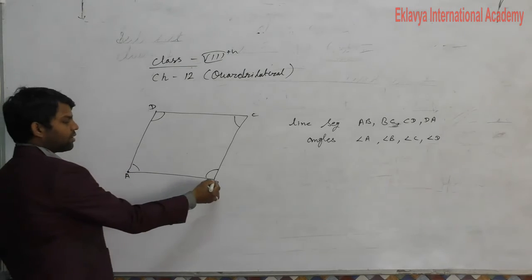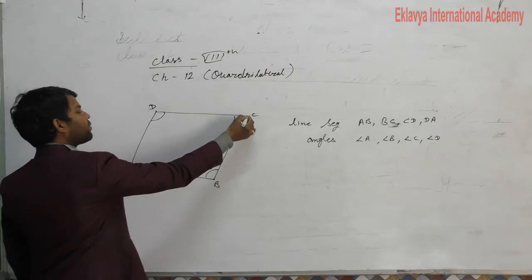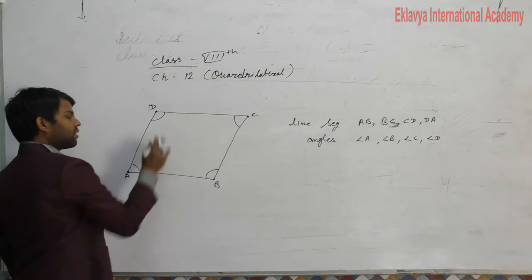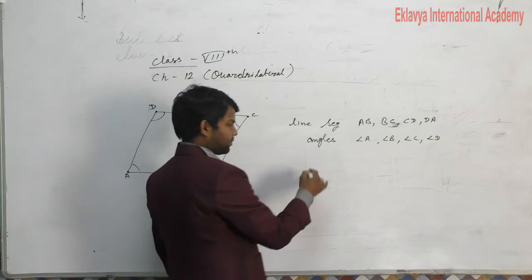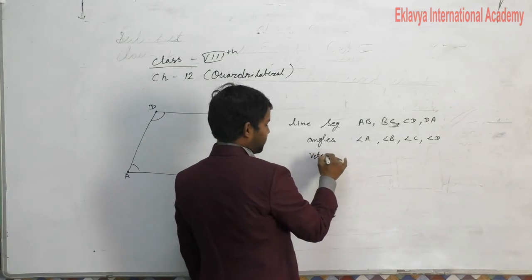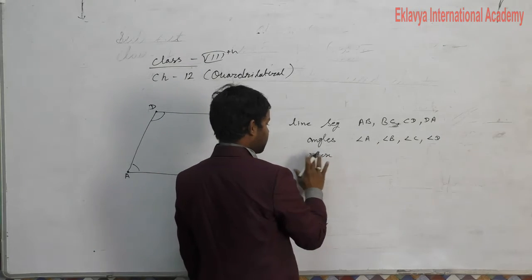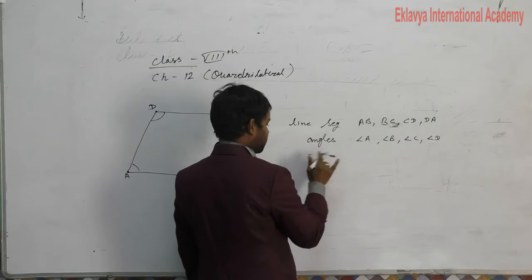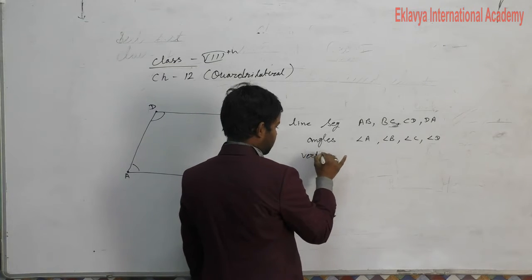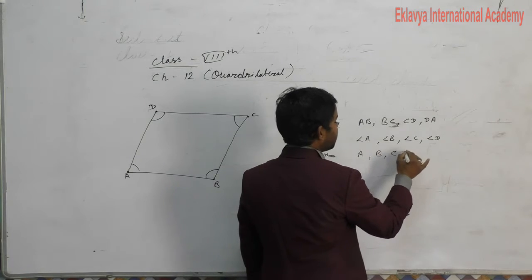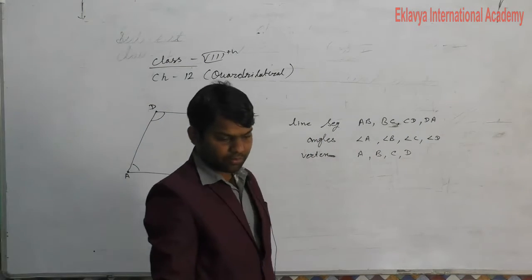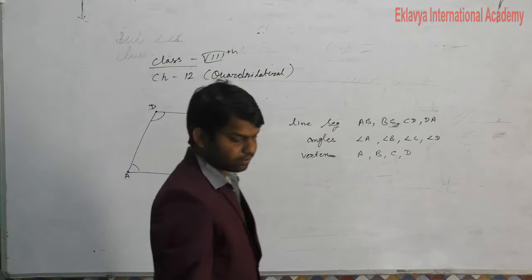Vertices are where two line segments intersect. So here vertices are A, B, C and D. Here four vertices.